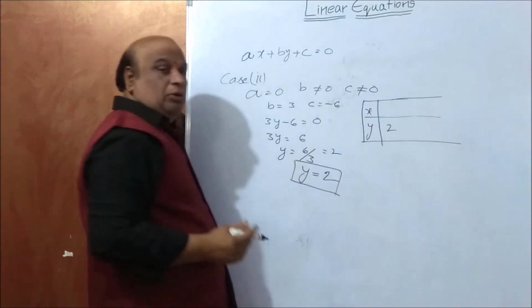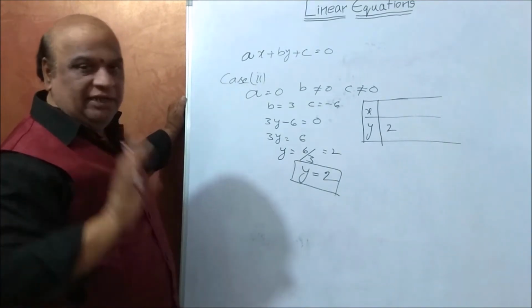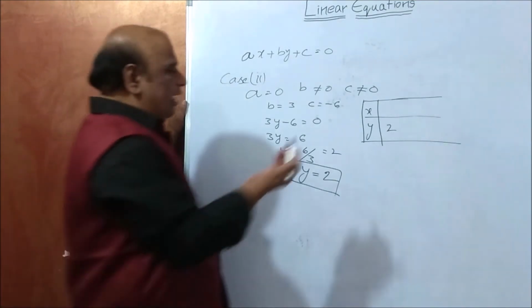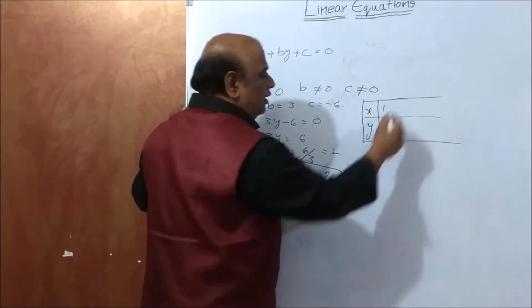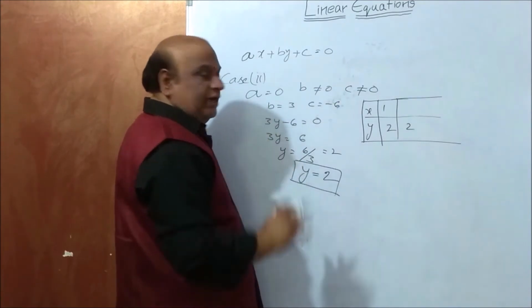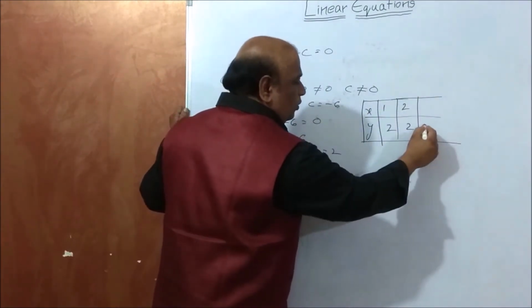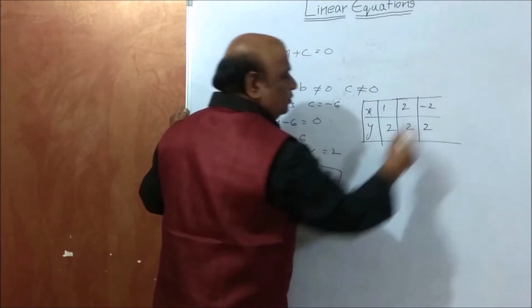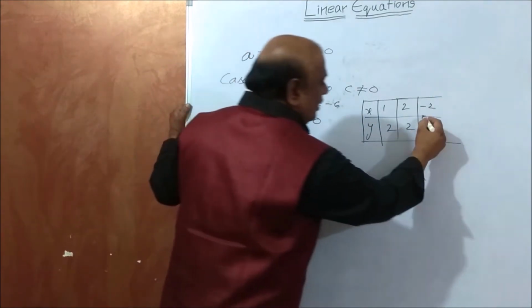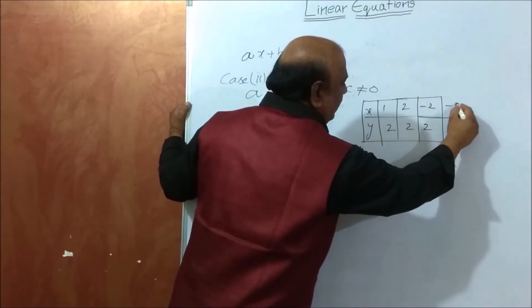In the x value, we can take any value, any integer. I am taking 1. Here again 2, y is constant. You take 2. Here 2. You take minus 2. Here this is 2 and again you take minus 3.